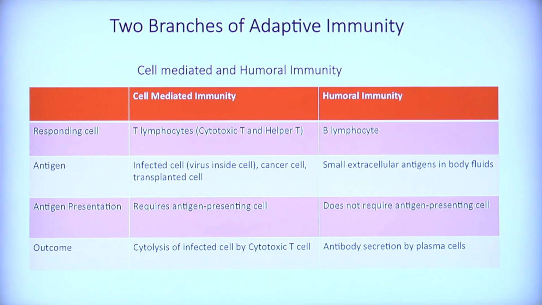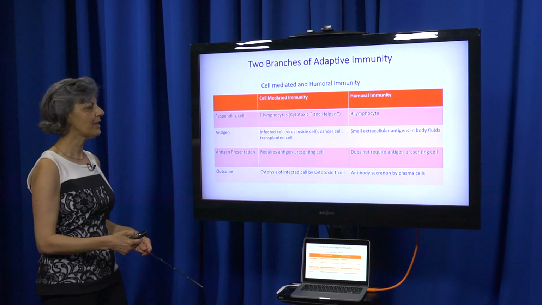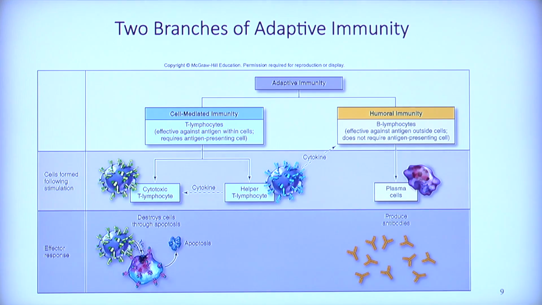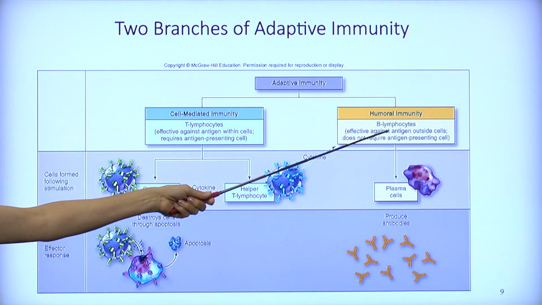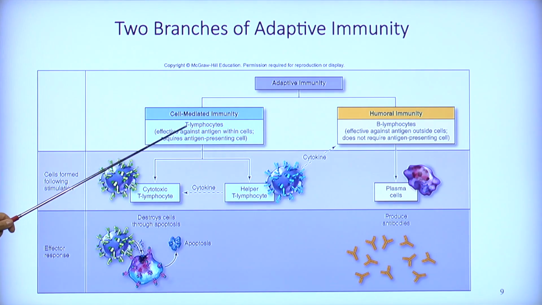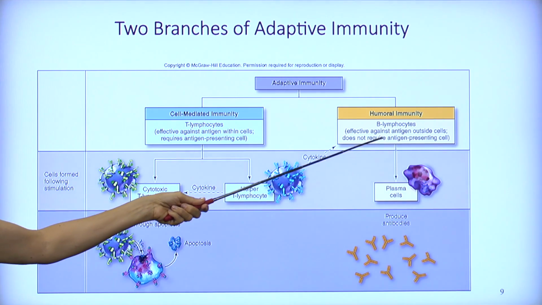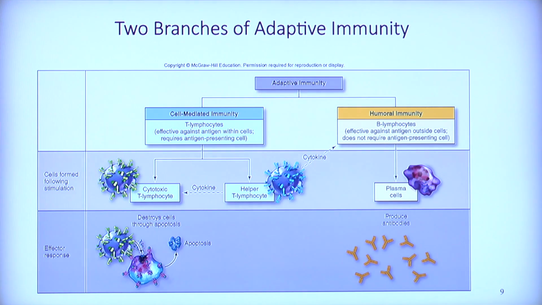And again, we're going to look at this concept and look at the details. So we're looking at the cell-mediated immunity versus the humoral immunity. T lymphocytes only recognize cells. The B lymphocytes recognize small antigens outside cells. The T lymphocytes are two types, the cytotoxic and the helper T cells.